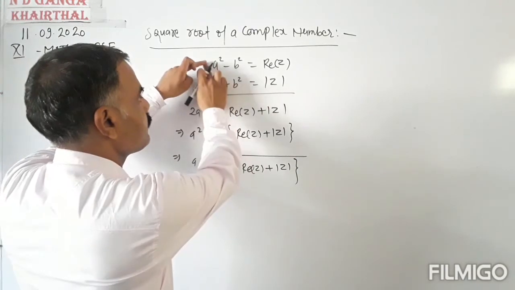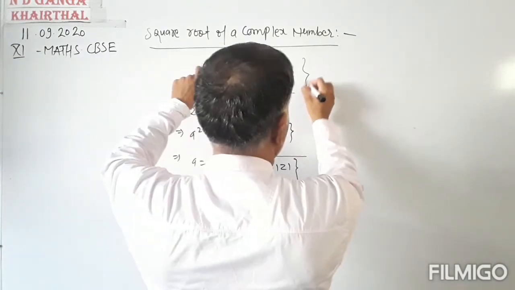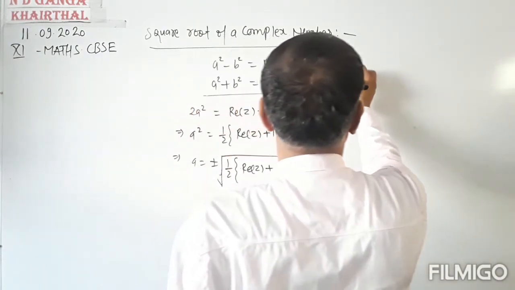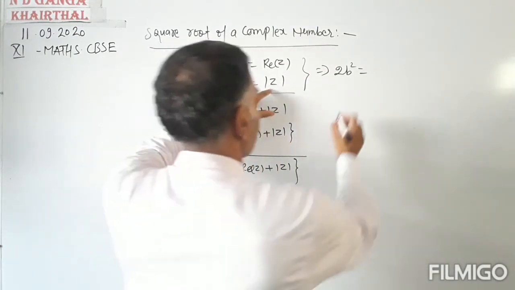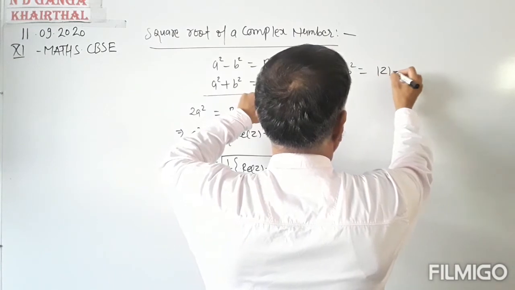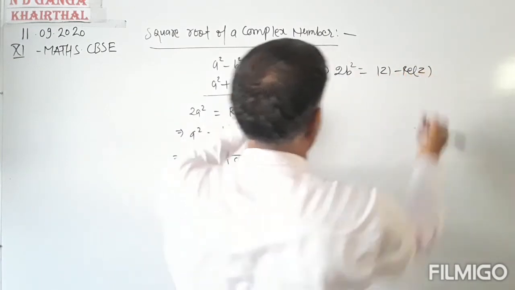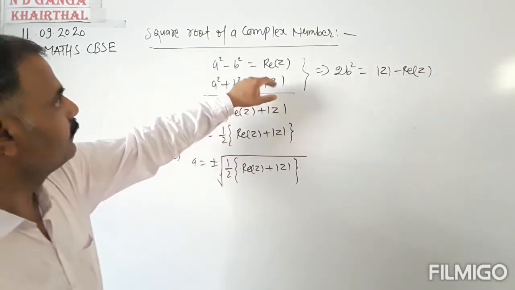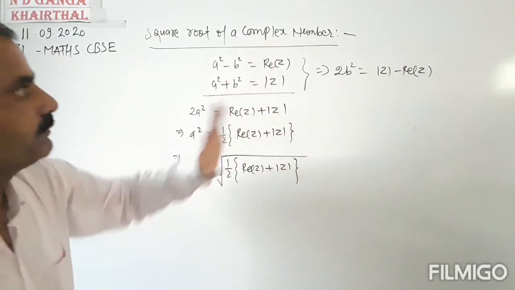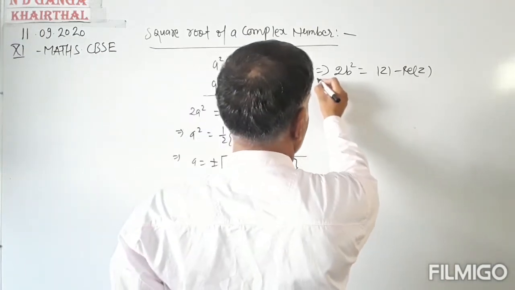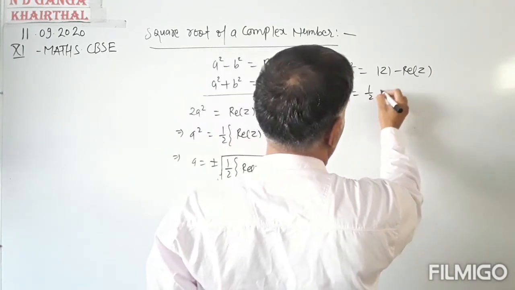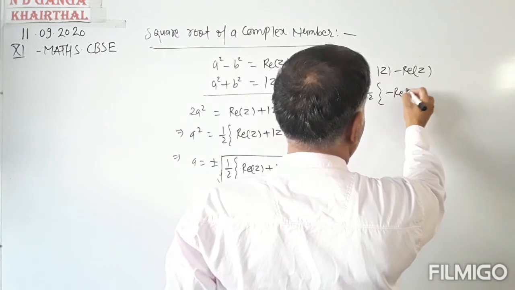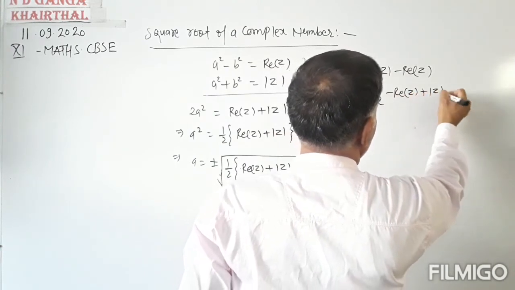Subtracting this from this, we have 2b square equals magnitude of z minus real part of z. So b square equals half of minus real part of z plus magnitude of z.